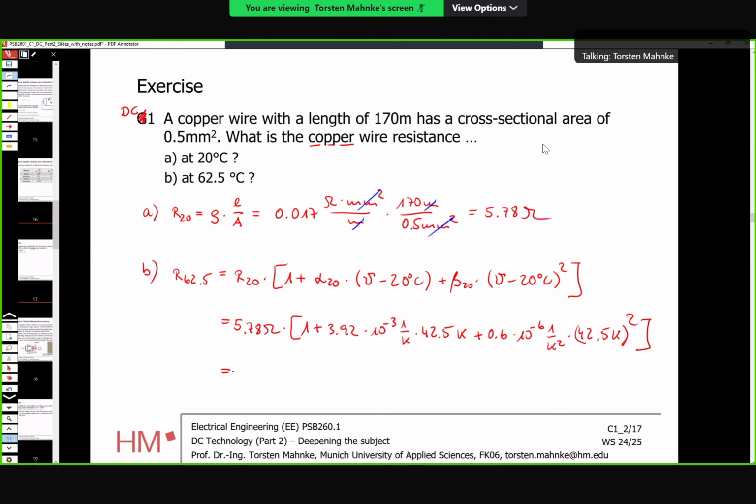Okay, now it's just a matter of typing in the right values. Who has a result? 6.75 ohms. So it changes, but it doesn't change that dramatically.